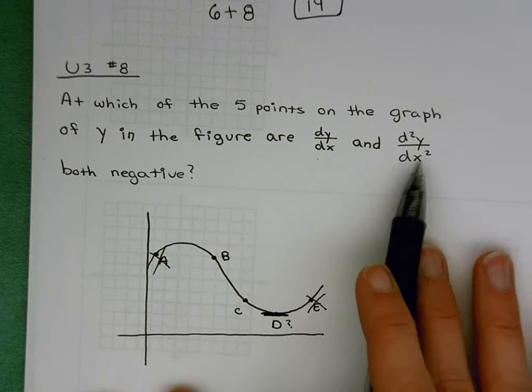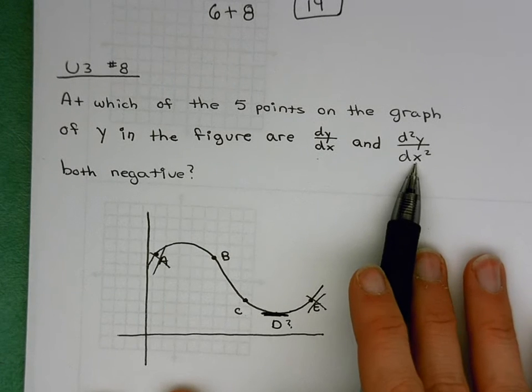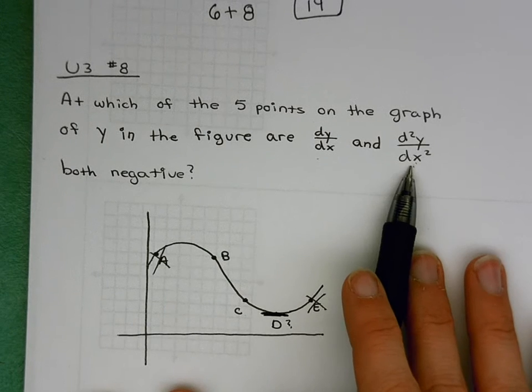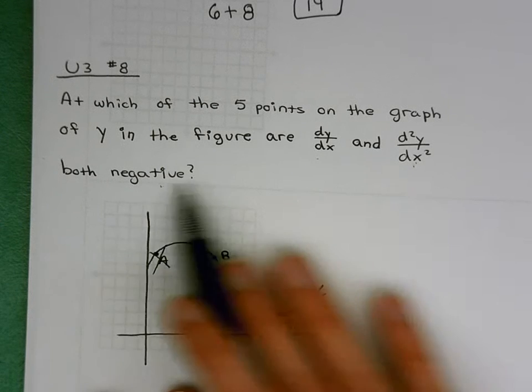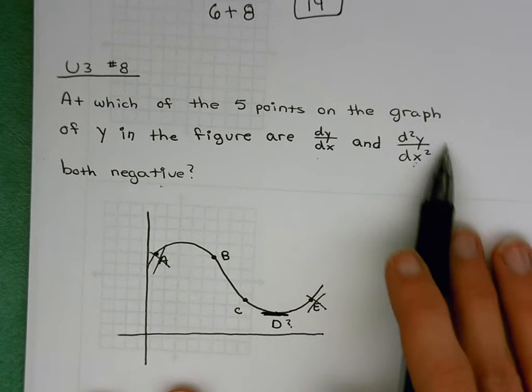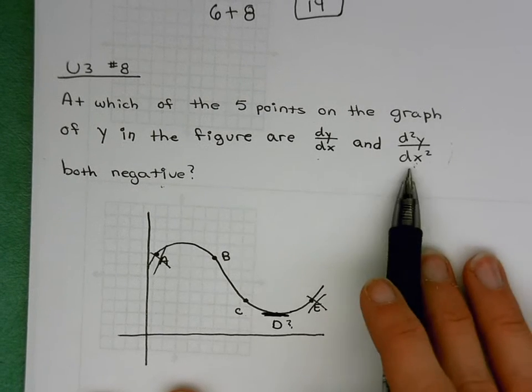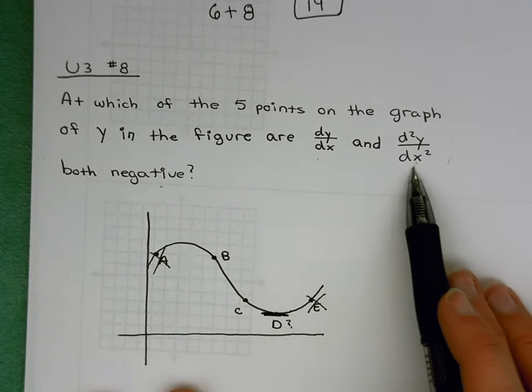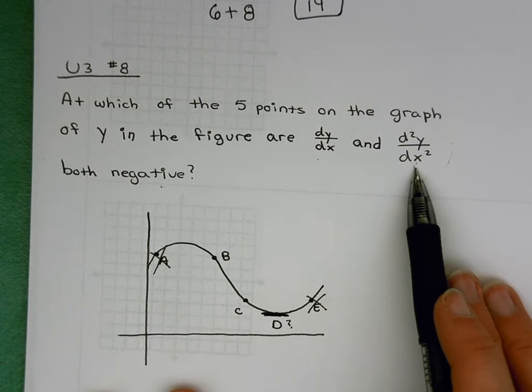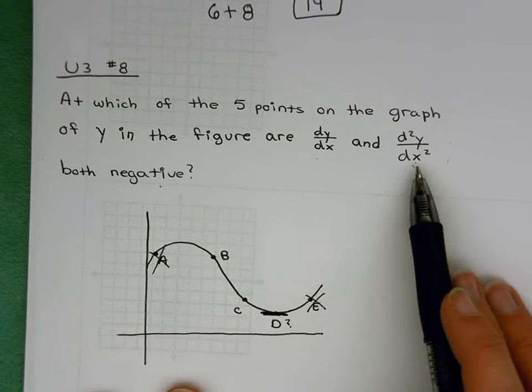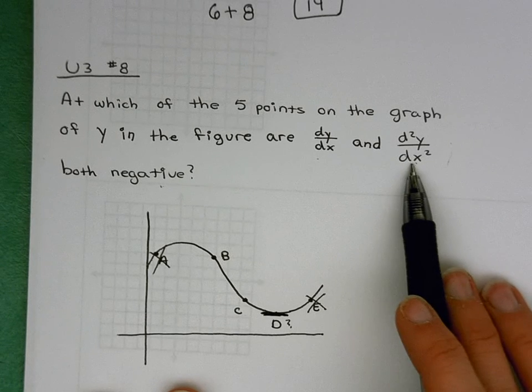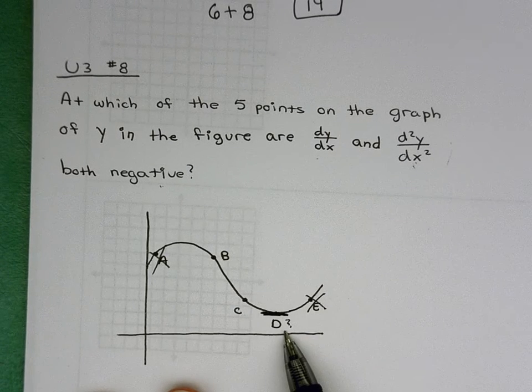And so then we're going to look at this piece of our requirements, the second derivative, the concavity. This has to be negative as well. Okay, so second derivative, again, deals with concavity. If my second derivative is negative, that means my concavity has to be concave down, right? Down like a frown. And so that's going to be the next criteria I'm going to be evaluating my remaining points against.